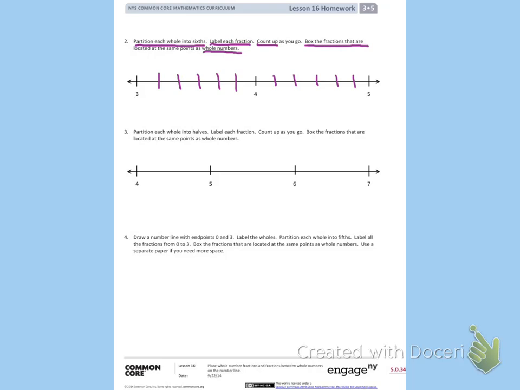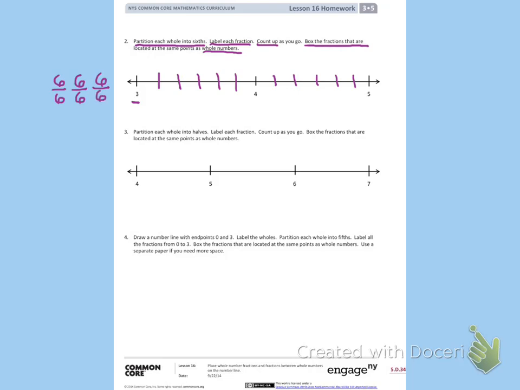Now it says label each fraction. In order to start labeling the fractions, I need to figure out how many sixths are in 3 wholes, since the number line begins with 3 wholes. Well, I know that there are 6 sixths in 1 whole, and another 6 sixths in 2 wholes, and another 6 sixths in 3 wholes.